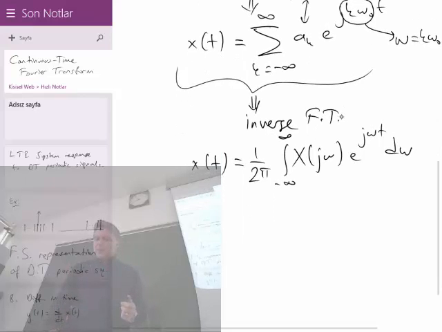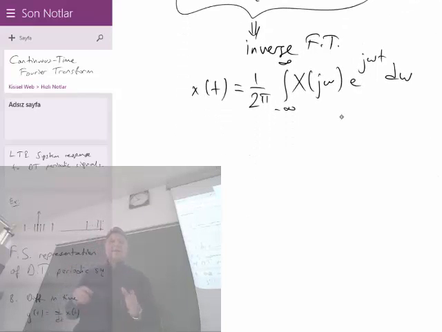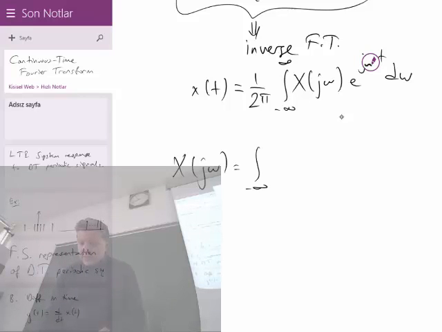But what I expect eventually are these two formulas, the knowledge of these two formulas: the Fourier transform, the transformation of x of t to x of j omega, and the inverse Fourier transform, which is from x of j omega back to x of t. And I am going to write them all together again and put them in a box. X of j omega is equal to the integral from minus infinity to infinity x of t e to the minus j omega t dt, of course, because t must be gone, so that the output is in terms of omega.